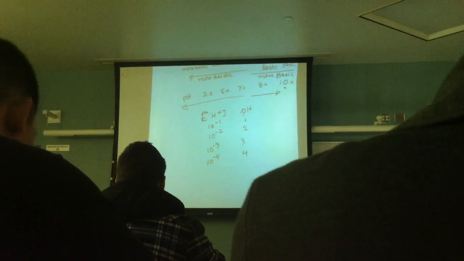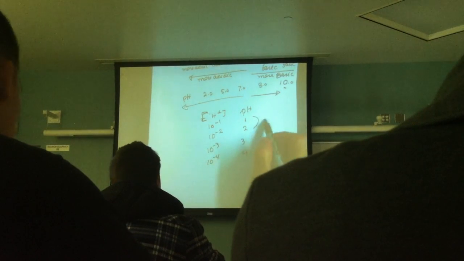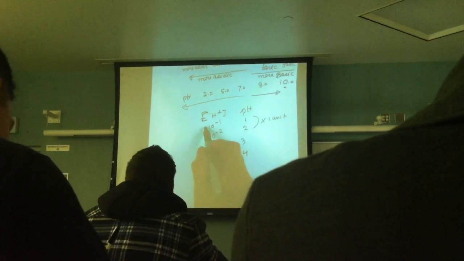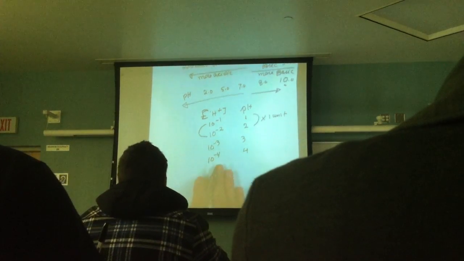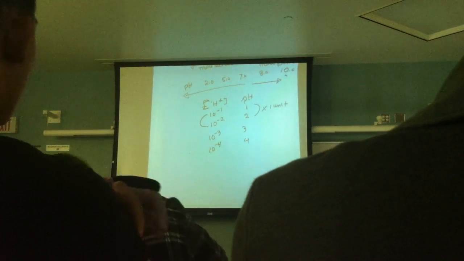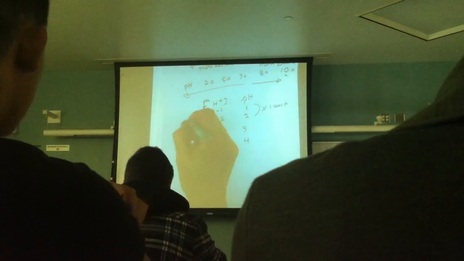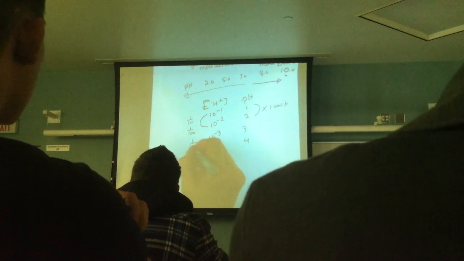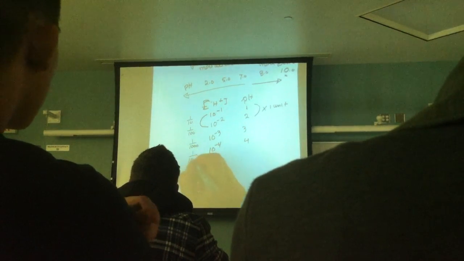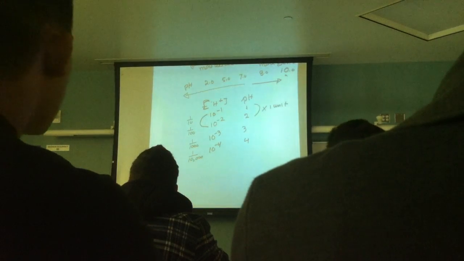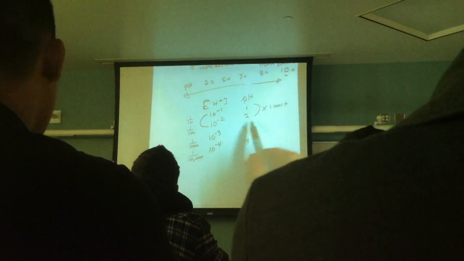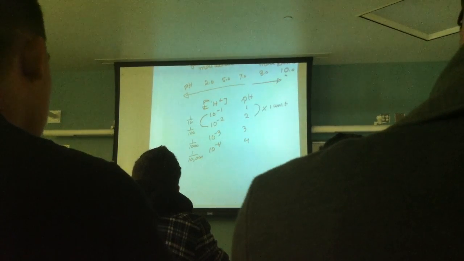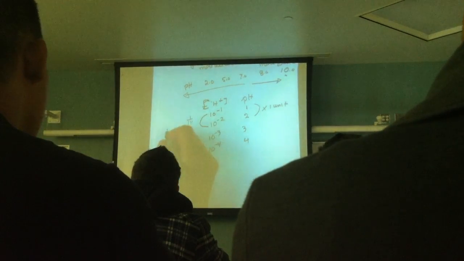Watch this. When the pH changes by 1 unit, the hydrogen ion concentration changes by how many units? This is the same as 1/10, 1/100, 1/1000, 1/10,000. Can you see that? When the pH changes by 1 unit, the hydrogen ion concentration changes how many fold? 10-fold.